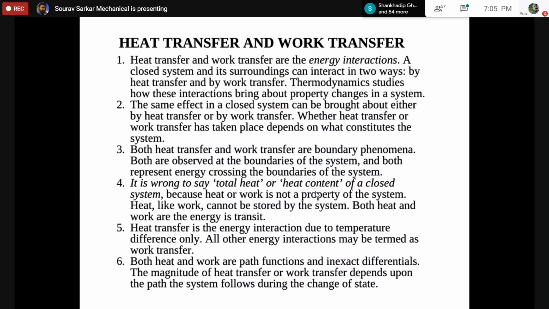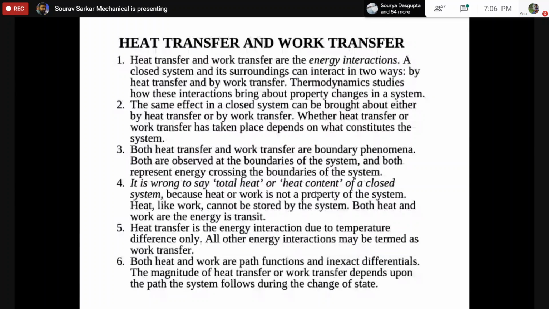A few things that I need to write down. This is the class. Read the points very carefully. The first point is that heat transfer and work transfer are energy interactions.